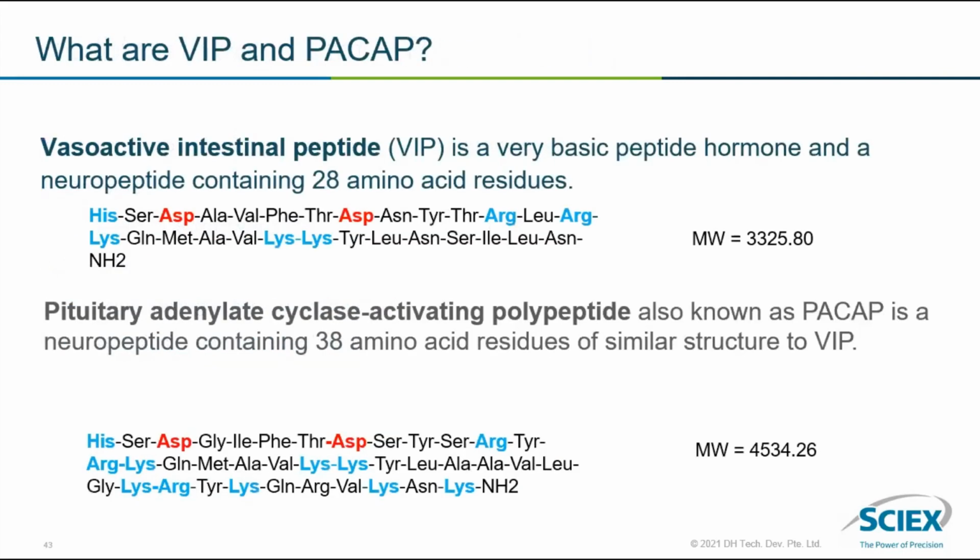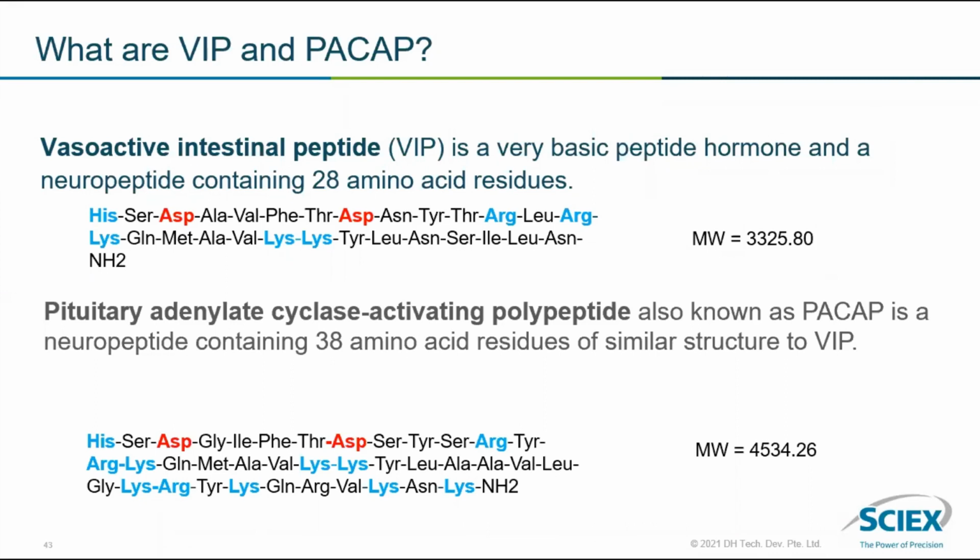So what are VIP and PACAP, the peptides? VIP is called vasoactive intestinal peptide. It's a very basic peptide hormone, and it's a neuropeptide containing 28 amino acid residues. The molecular weight you can see on the right-hand side for VIP.